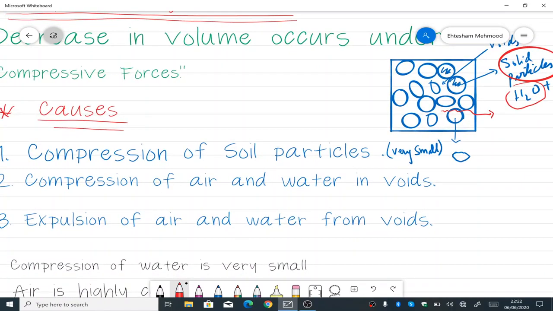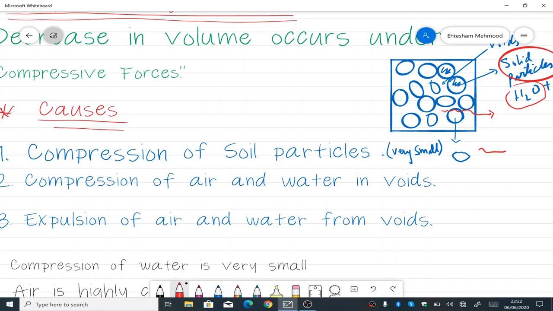The third reason can be expulsion of air and water from the voids. We do not consider air because we are considering fully saturated soils for our course, so it is the expulsion of water. Repeating the causes: compression of soil particles is very small, so we can neglect that. Compression of air does not apply because there is no air in a fully saturated soil.